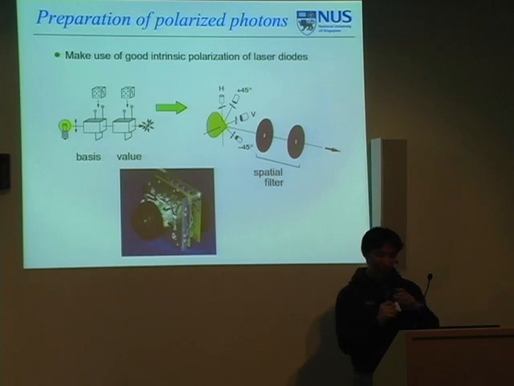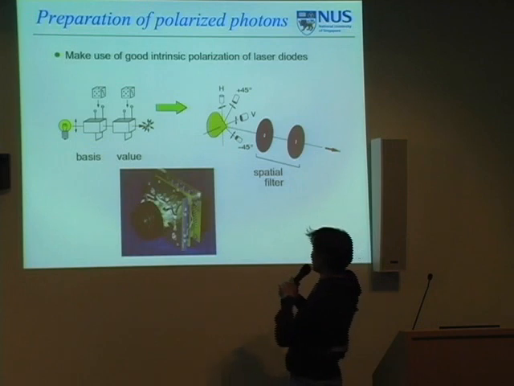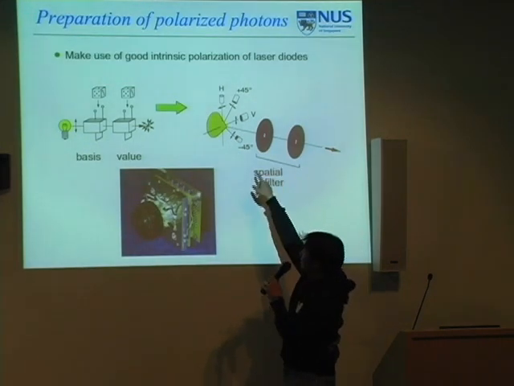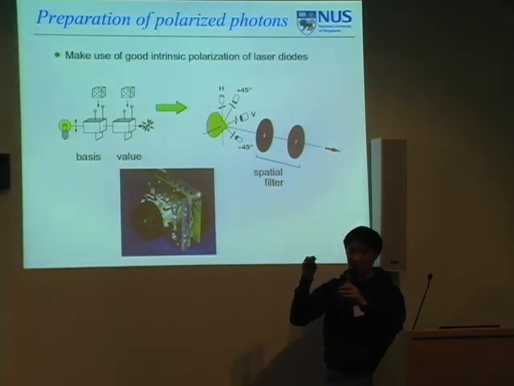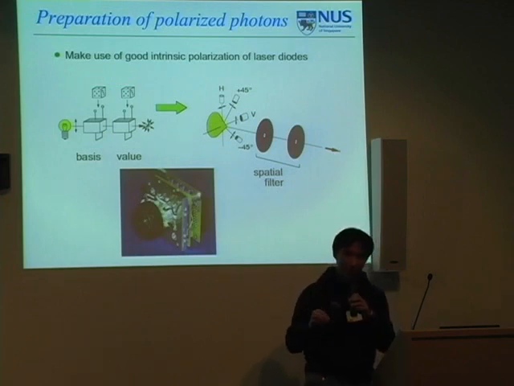So what people now do sometimes is that they buy 4 diodes, and then they orient them in the 4 different polarization directions that they want. Then they pass the light through spatial filters, such that the light coming out from all 4 diodes has the same mode, and then they transmit it across to Bob.